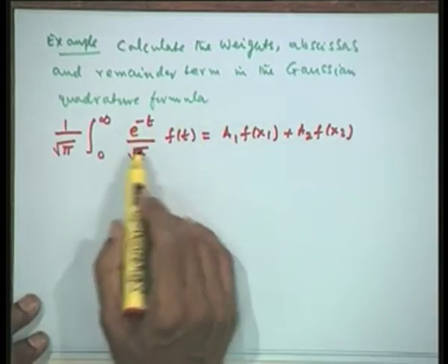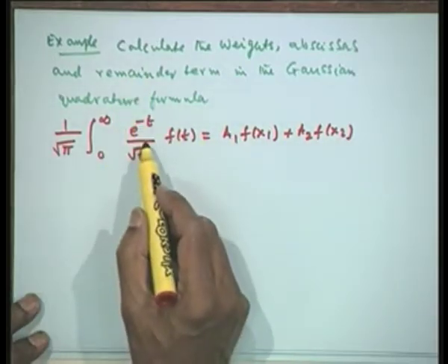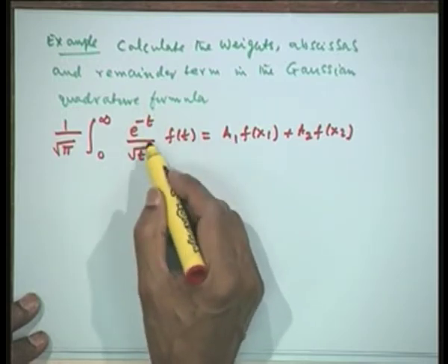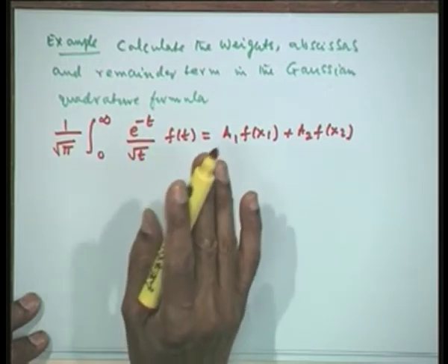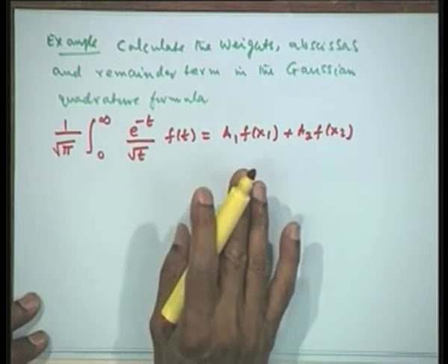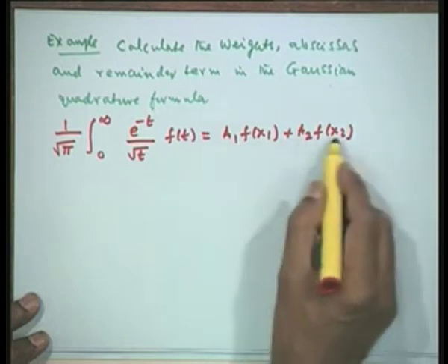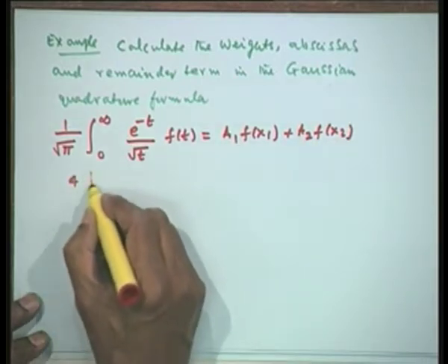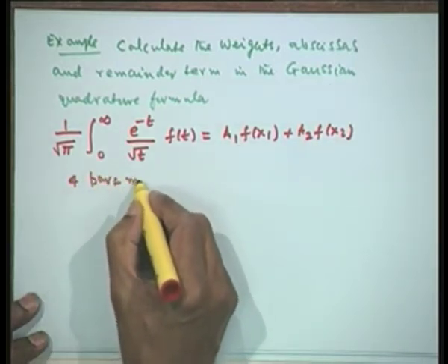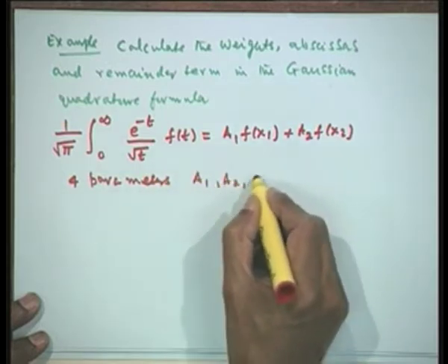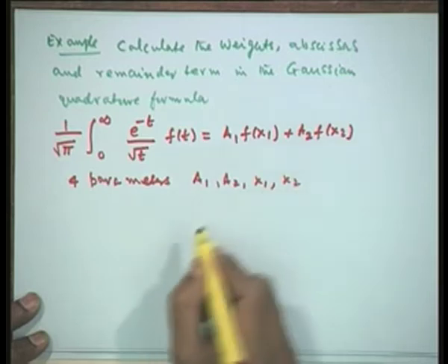Now, this does not belong to any of the classes that we have described earlier, even though it is 0 to infinity, but this is not the e to the power of minus t form, therefore, it is not Gauss-Laguerre. Therefore, for this the only way is that we have to go through this undetermined coefficient procedure. Again we have 4 constants, therefore, we have 4 parameters here: a1, a2, x1, x2.